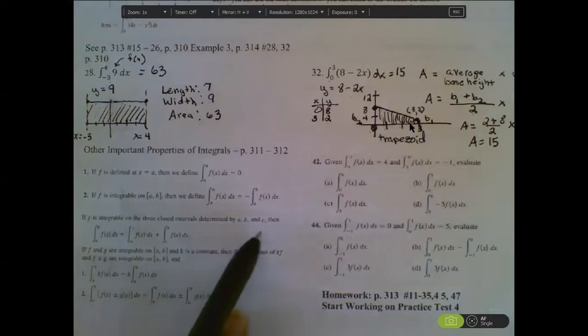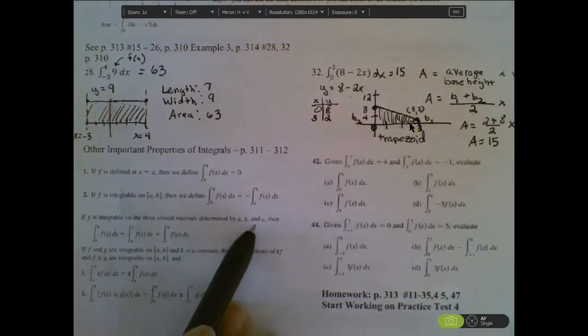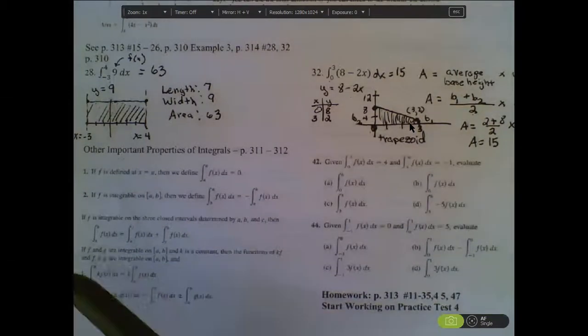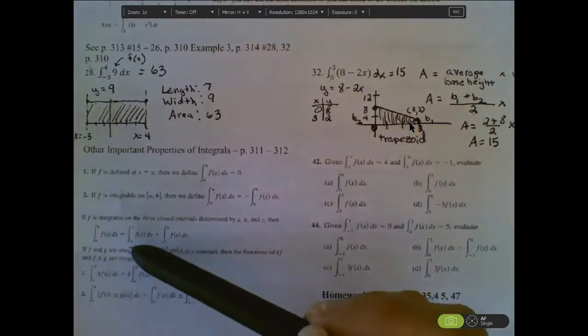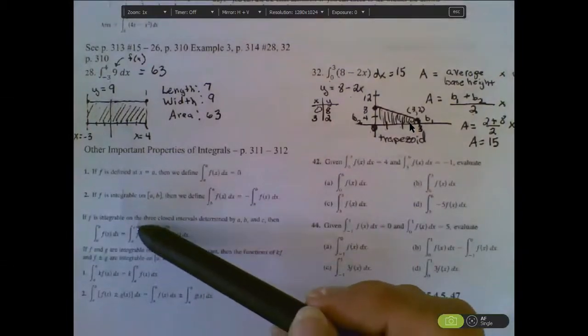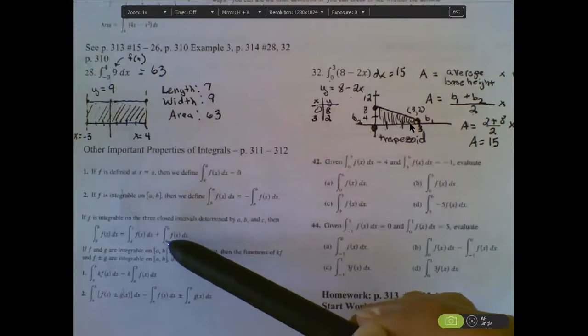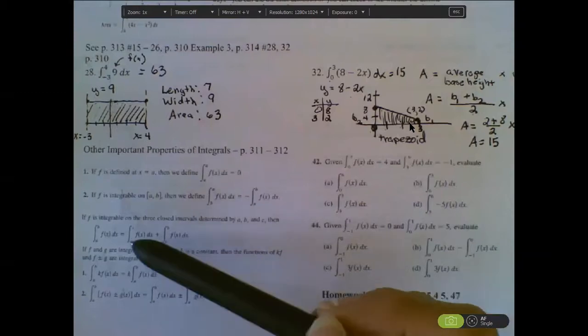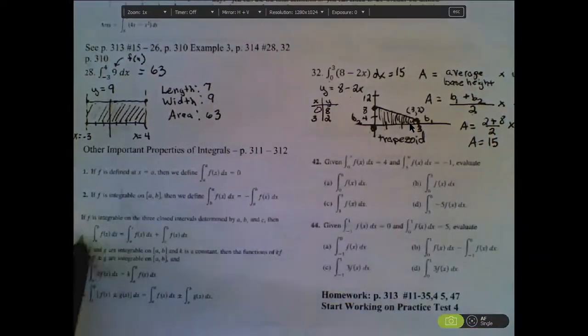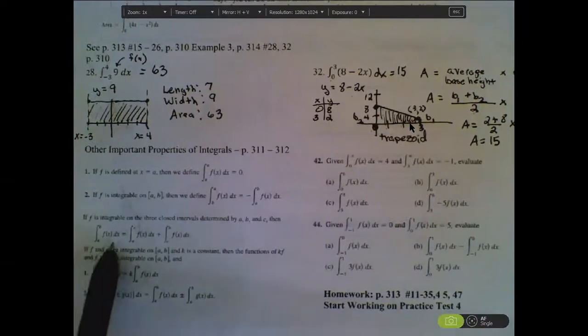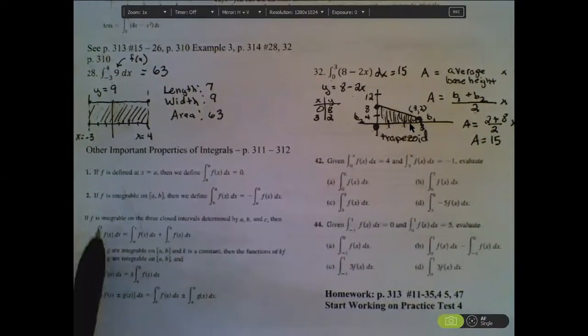If c is some point between a and b, and we want to evaluate the integral from a to b, if we know the value of the integral from a to c, and we know the value of the integral from c to b, then we can just add those values together and get the definite integral on the whole interval from a to b.